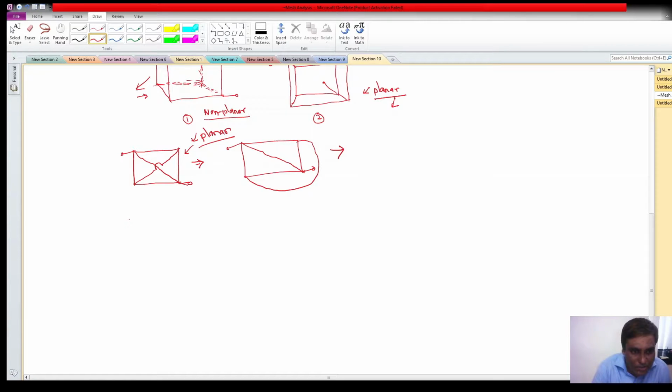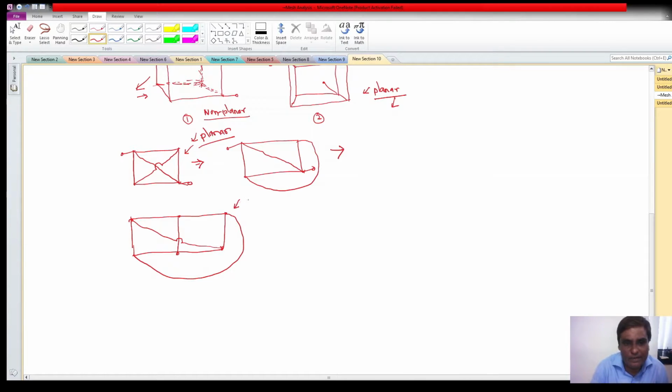Let me draw another example. Suppose this is my network, and this branch is connected here, and one more branch is like this. So these are my nodes.